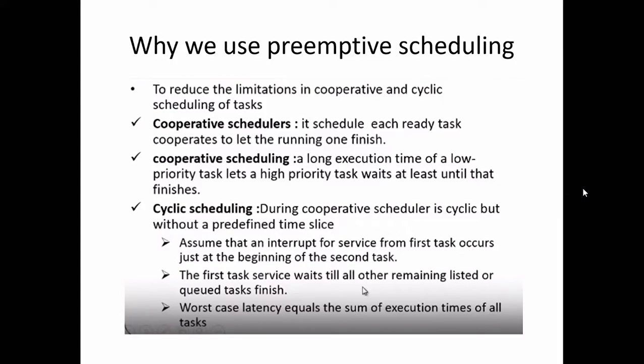Now the first task has to wait until the next task resumes, the queued or listed tasks, those that are waiting, until those tasks get their chance, and this process will repeat again and again. That's why it is a cyclic process.